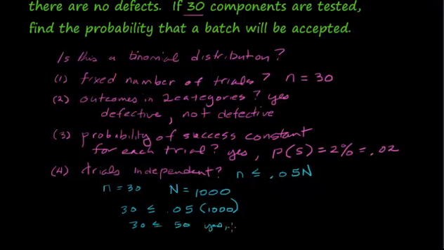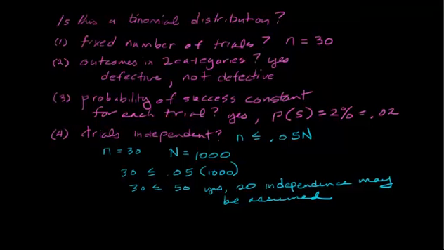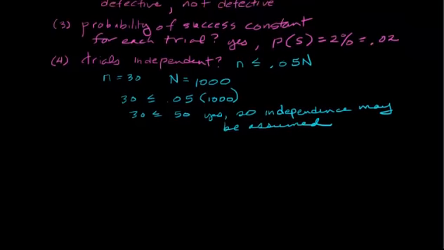Yes, so independence may be assumed. We can make our cumbersome calculations less cumbersome because our sample is smaller than 5% of our population size. So in all, is this a binomial distribution? Yes, it is. That's great, because now our calculations will be easy to do.